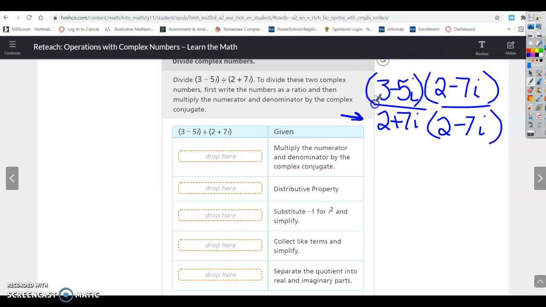So now you're going to do the distributive property on top and on bottom. All right, so let's start on top. 3 times 2 is 6. And then we have minus 21i. And then we have minus 10i. And then we have plus 35i squared.